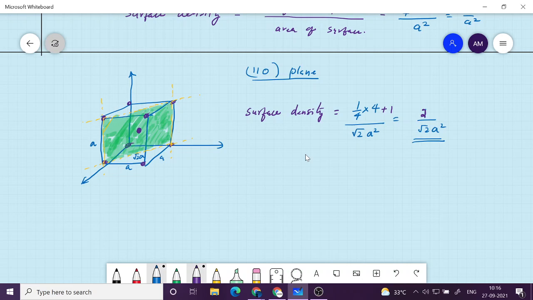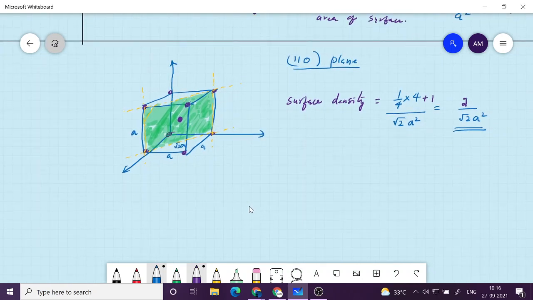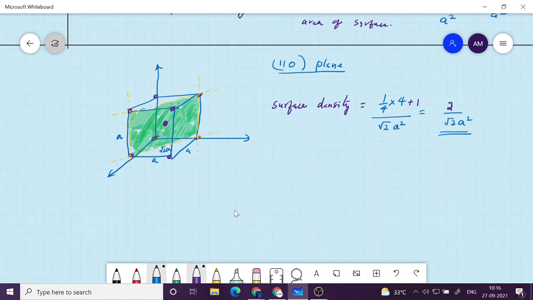So depending upon the lattice structure and depending upon the surface, the surface density is going to be different. So which surface is better? Is it 100 or 110? That is determined by whether we are talking about simple cube, BCC or FCC, and also which plane, whether it is 100, 110 or 111.